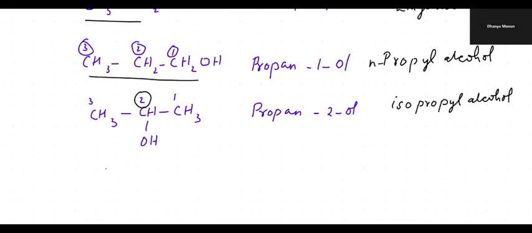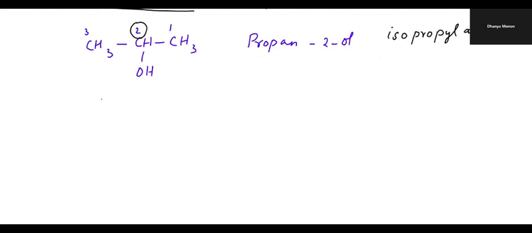Okay. Similarly, if I have 4 carbon atoms, CH3, CH2, CH2, CH2, OH. Now, coming to the IUPAC name, this will be given number 1, 2, 3, 4.